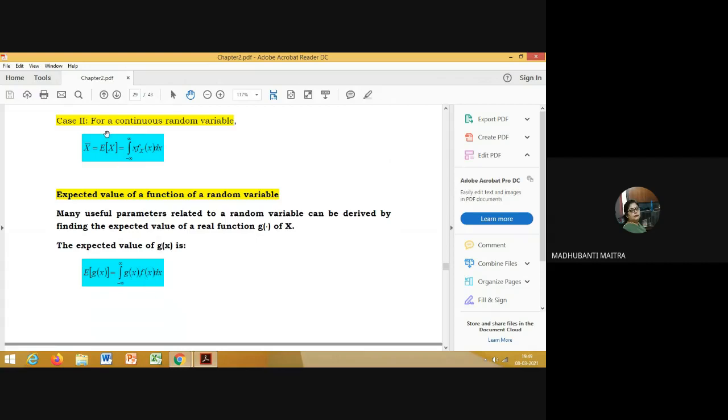So for the expected value of the random variable it was x f(x), and for the expected value of a function of a random variable, where the function is g(x), it will be given by the integration from minus infinity to infinity of g(x) f(x) dx.